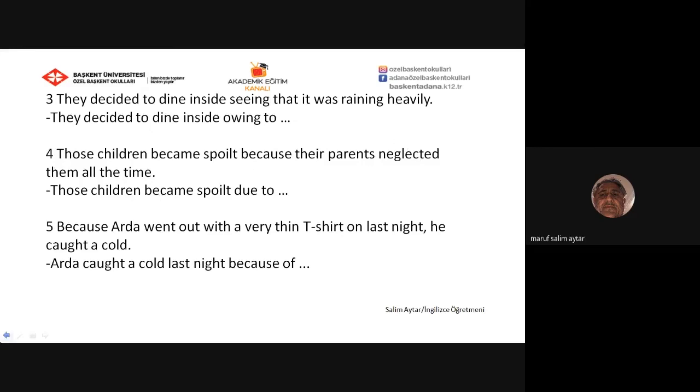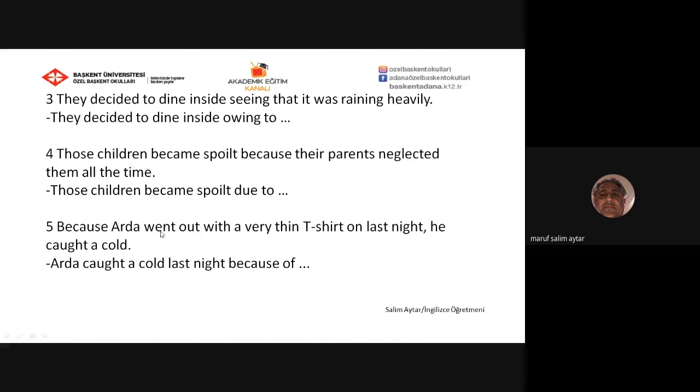5. Because Arda went out with a very thin t-shirt on last night, as a result, he caught a cold. Arda caught a cold last night because of. Can you have it here? Because of what?